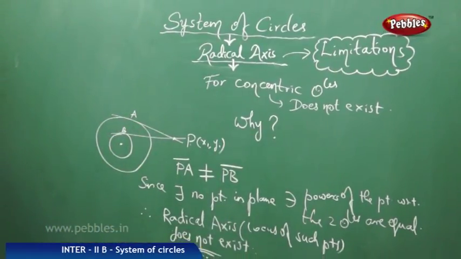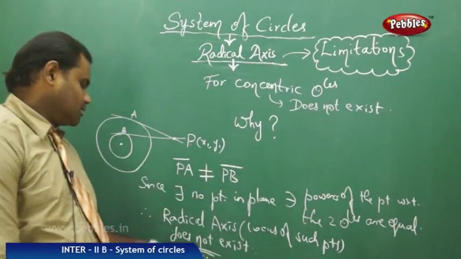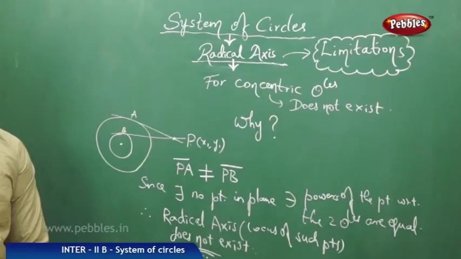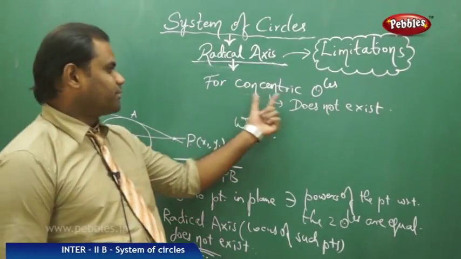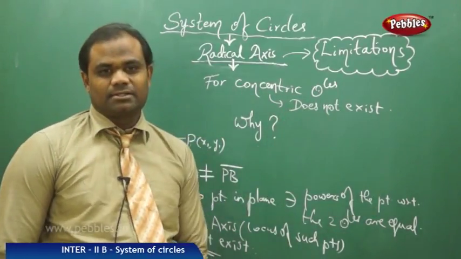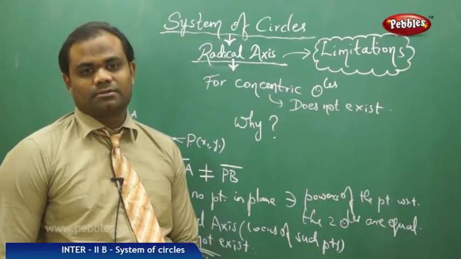That is how we find the reason. Radical axis or locus of such points does not exist. Therefore, the limitation is that for concentric circles, the radical axis does not exist.